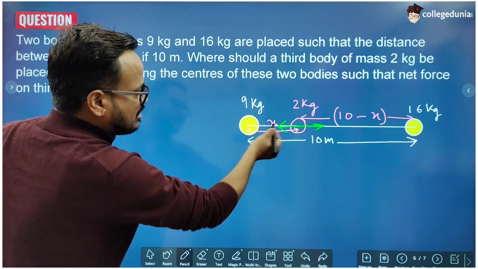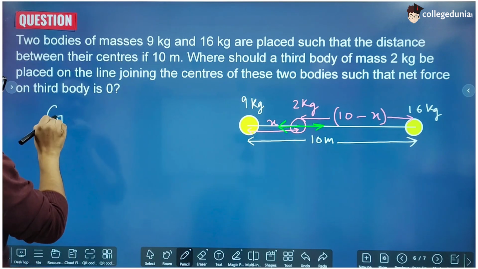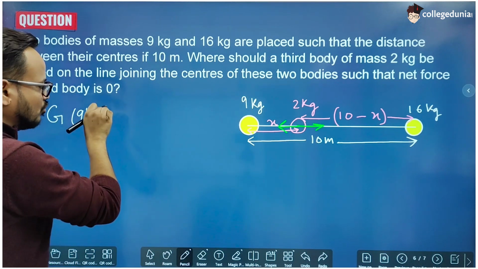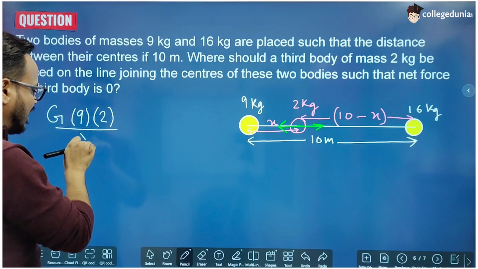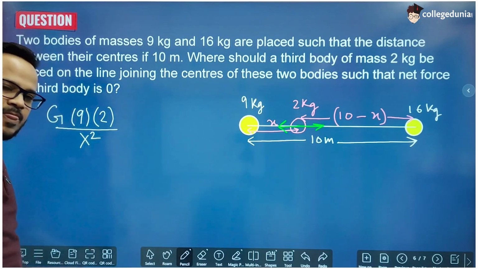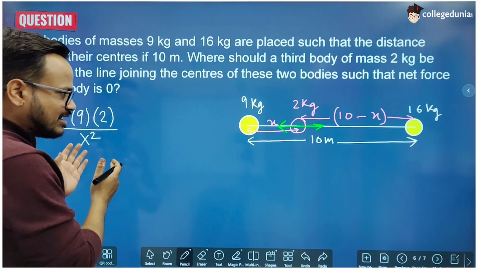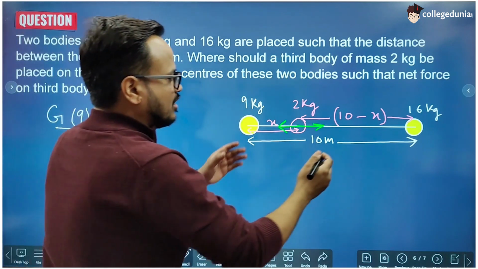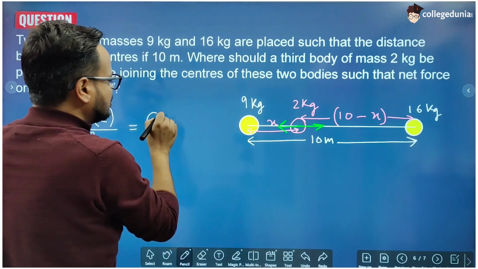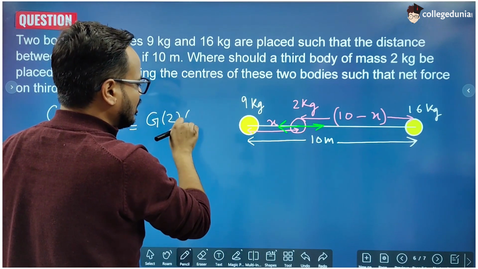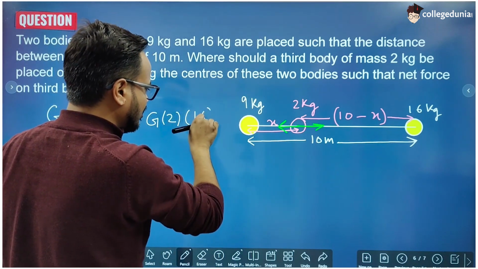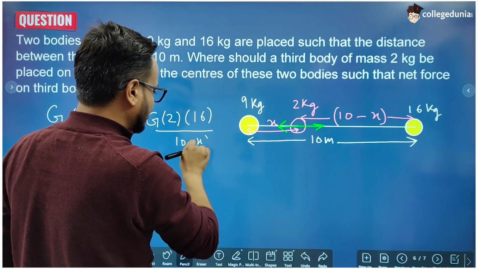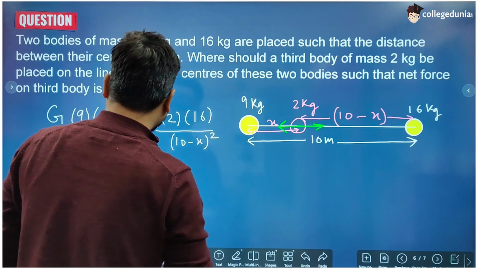What is the force between these two bodies? According to Newton's law of gravitation, G m1 m2 by r square: G into 9 into 2 by x square, and for the other, G into 2 into 16 divided by (10 minus x) square.